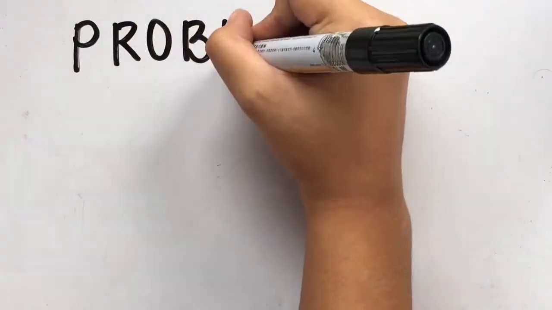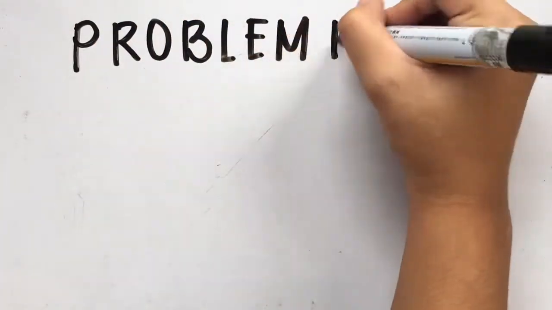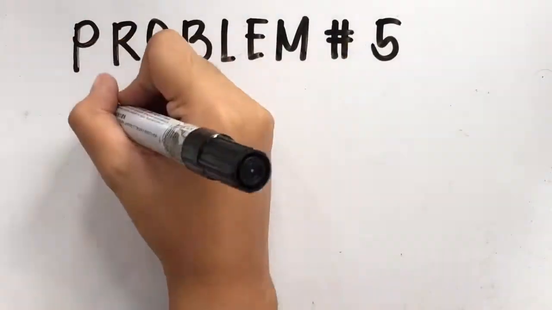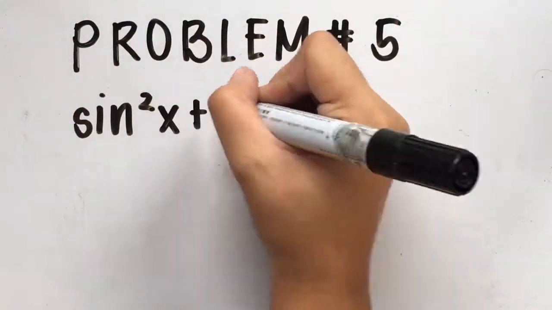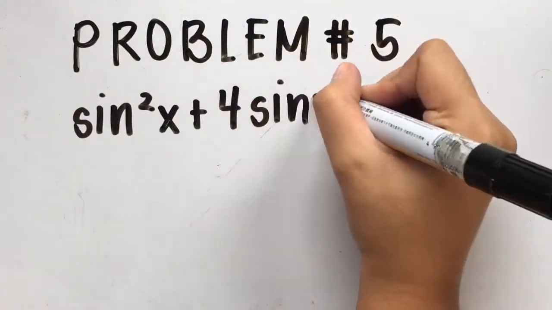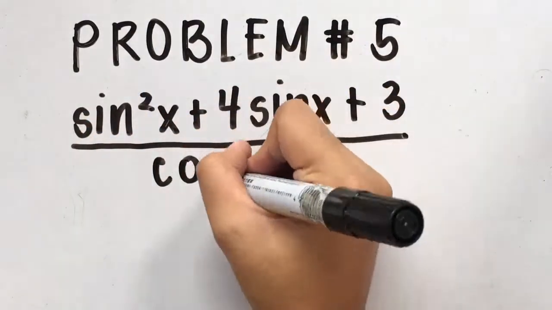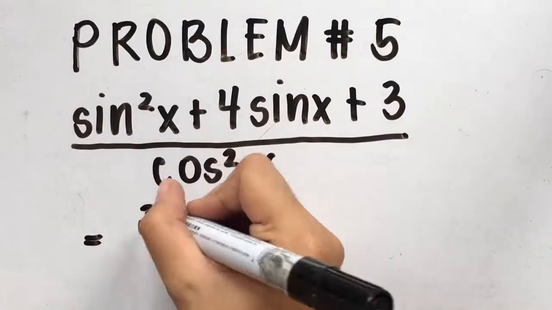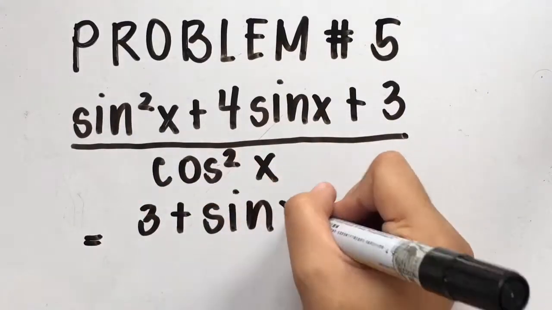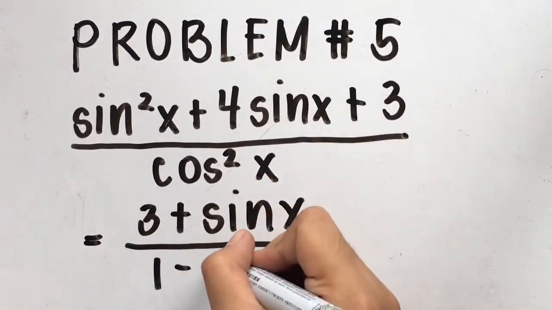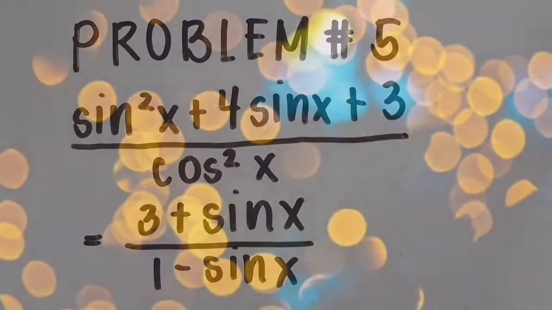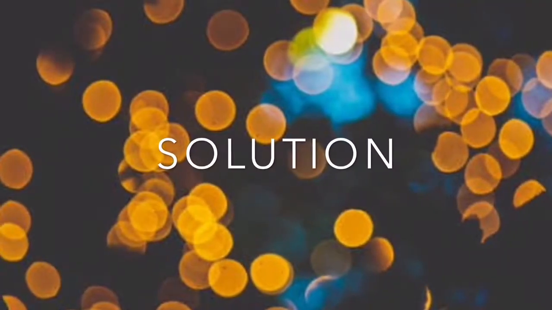And for our problem number 5 and our very last problem, we have sine squared x plus 4 sine x plus 3 over cosine squared x equals 3 plus sine x over 1 minus sine x.